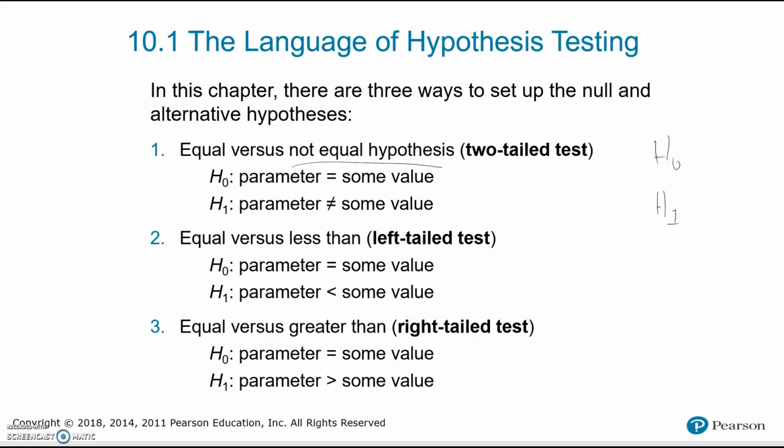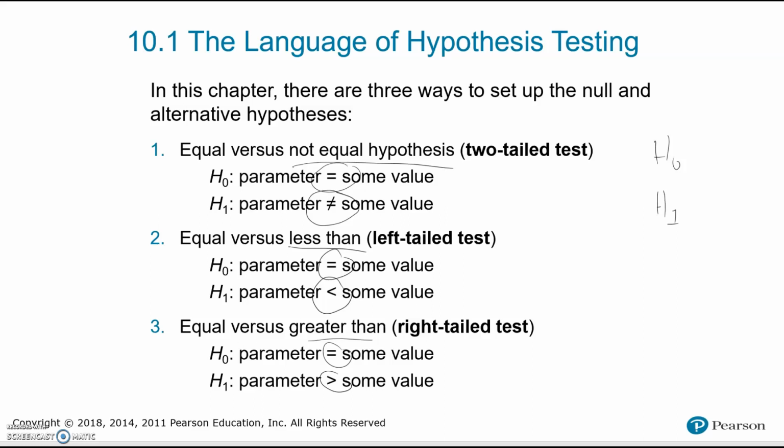Equal versus not equal, equal versus less than, equal versus greater than. So your null will always be equal to. Your alternative, you have three options. It can be not equal to, it can be less than, or it can be greater than. Okay?